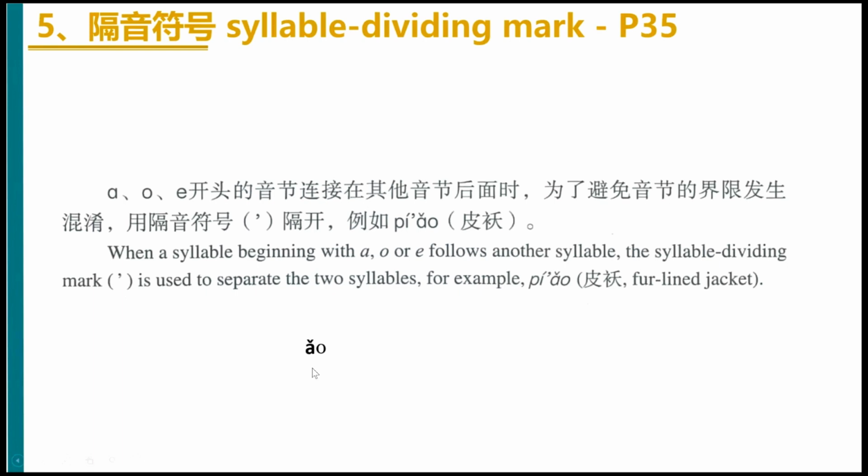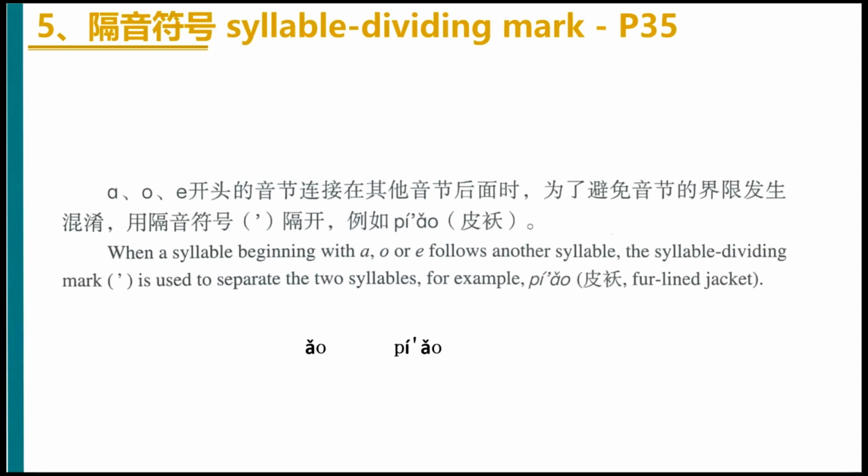It is pronounced ao. And if we want to use it in a word, we need to put a syllable dividing mark between pi and ao. Then it becomes the word pi'ao.